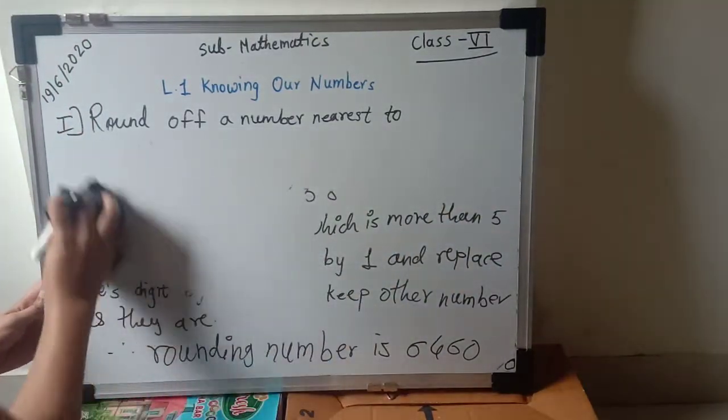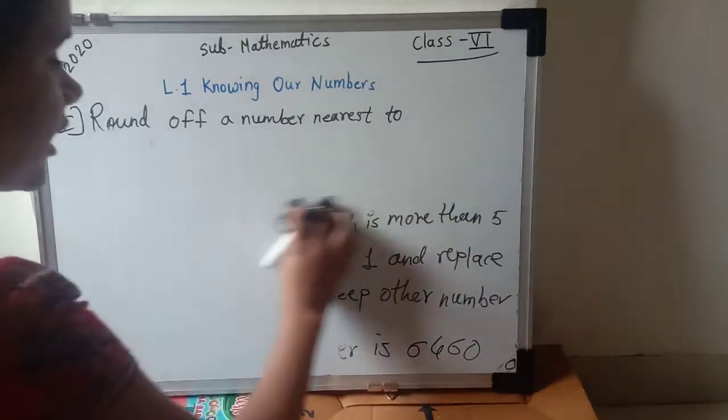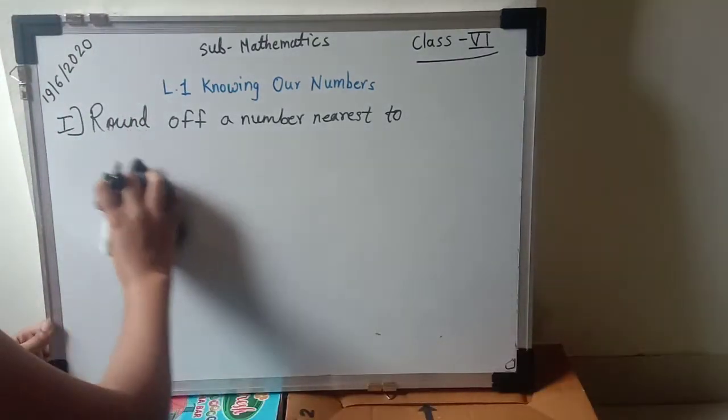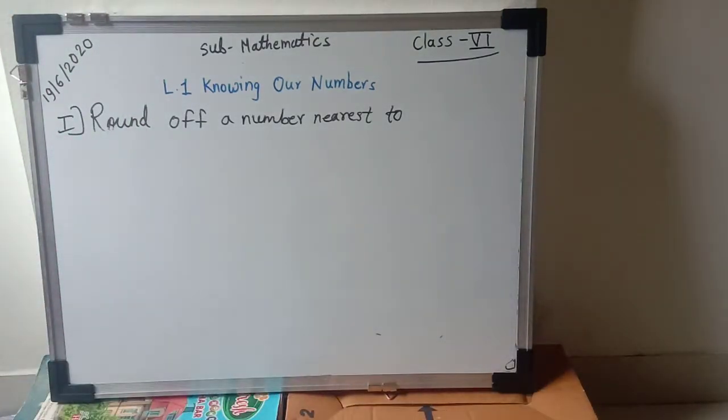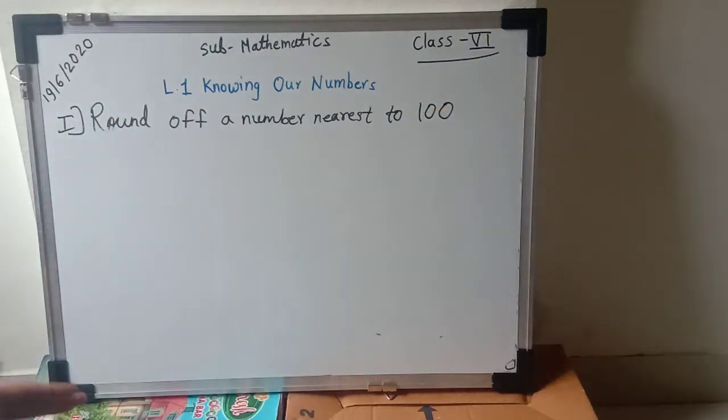Remember students, when you are rounding numbers to the nearest tens, you have to see the ones digit. But when you are rounding the number to the nearest 100, you have to see the tens digit.